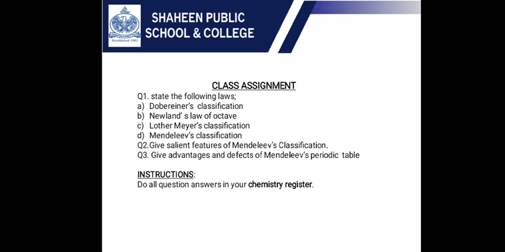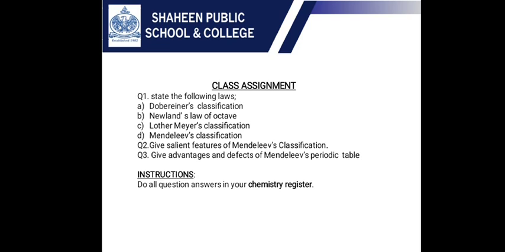Number 1, he arranged elements in 8 vertical columns called groups and 12 horizontal rows called periods. Number 2, elements in a group show similar chemical properties, while elements in a period may show periodic trends in physical properties.